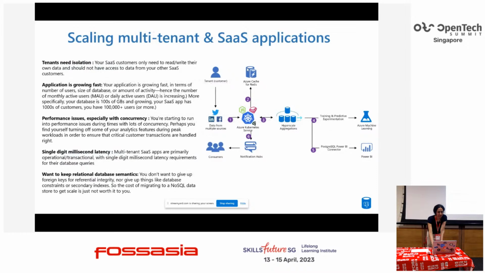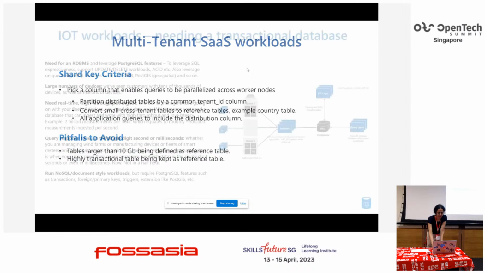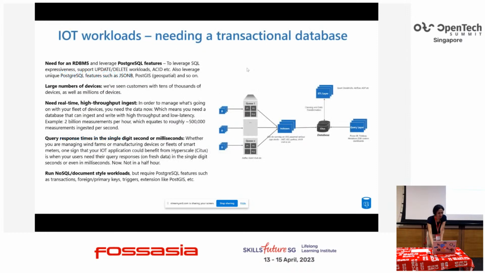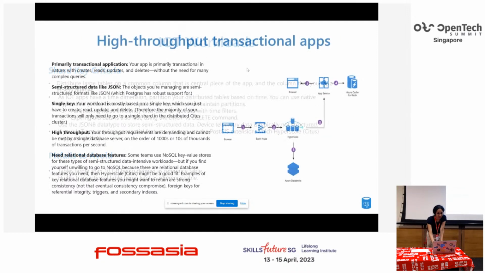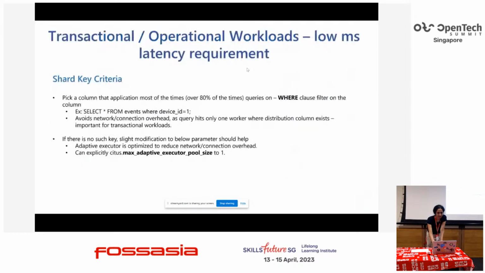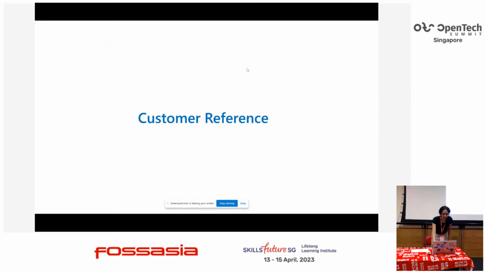Then scaling multi-tenanted SaaS applications, as we spoke about, and there are some interesting pitfalls. IoT as well, purely IoT workloads and considerations, and high transactional analytical workload considerations. So those are the big things that we want to talk about.